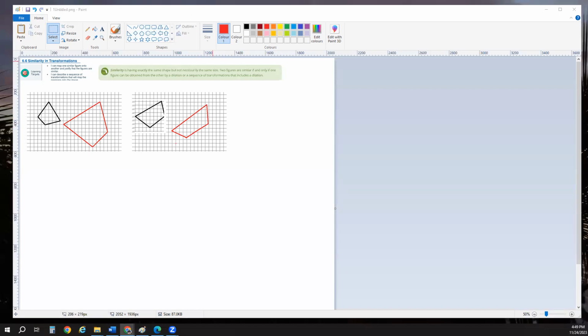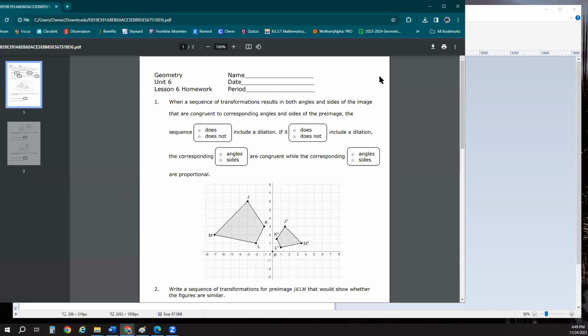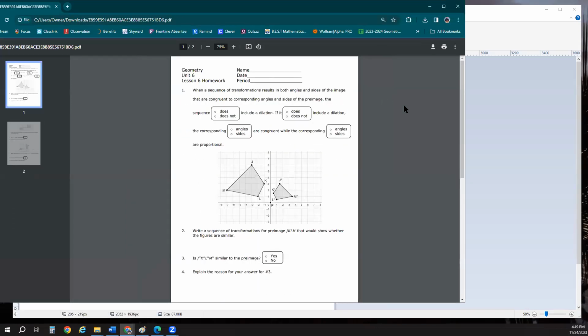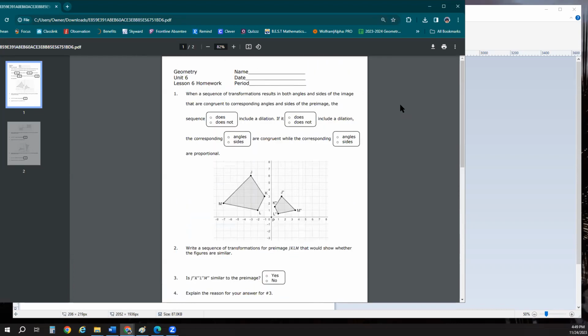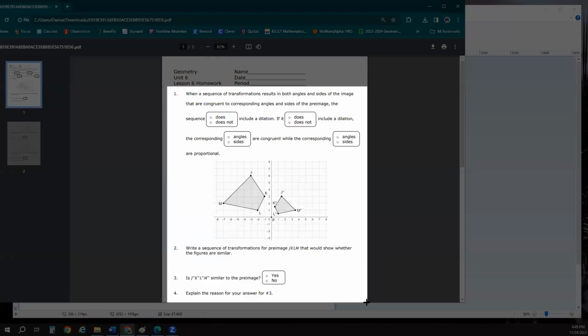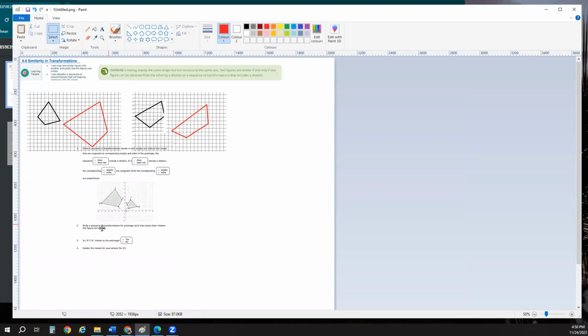Okay, so let me bring down a homework example here and show you what the example of homework looks like.